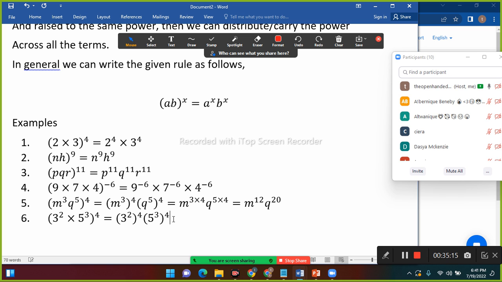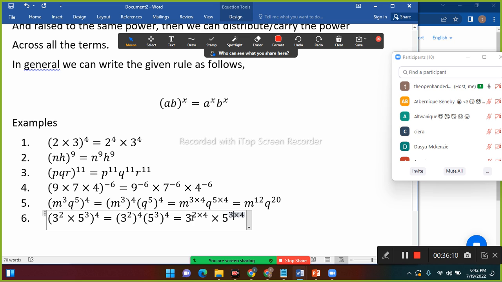So now what we have is 3 to the power of 2 times 4, multiplied by 5 to the power of 3 times 4.